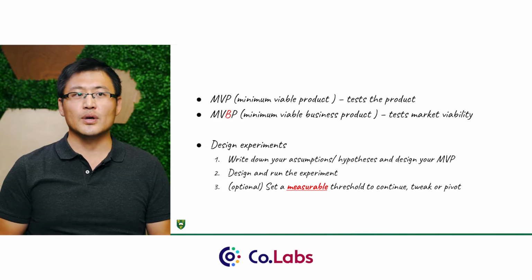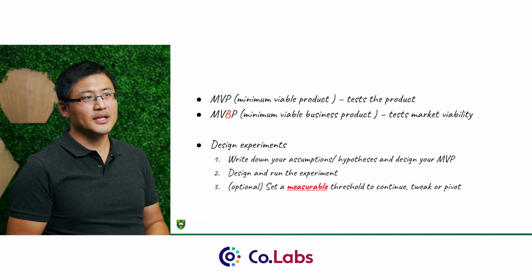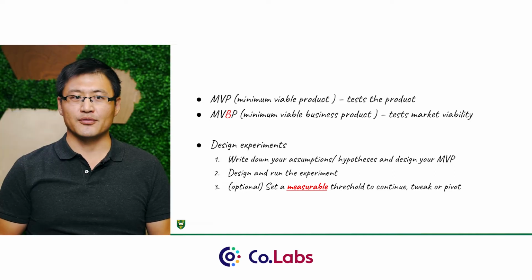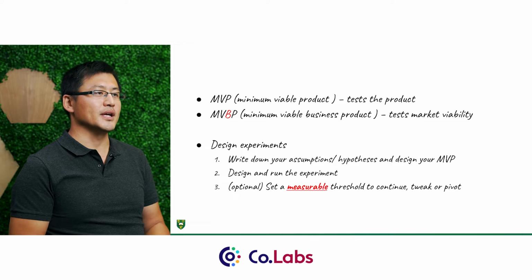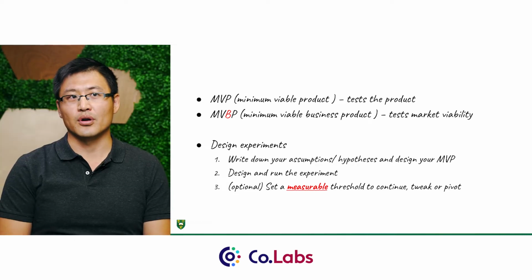So we need to write down our assumptions and hypotheses and design the minimal viable product accordingly. Once you design the minimal viable product, we can run the experiment. It's very important, if you can, to set a measurable threshold and to continue, pivot if you need to, or iterate on your product.